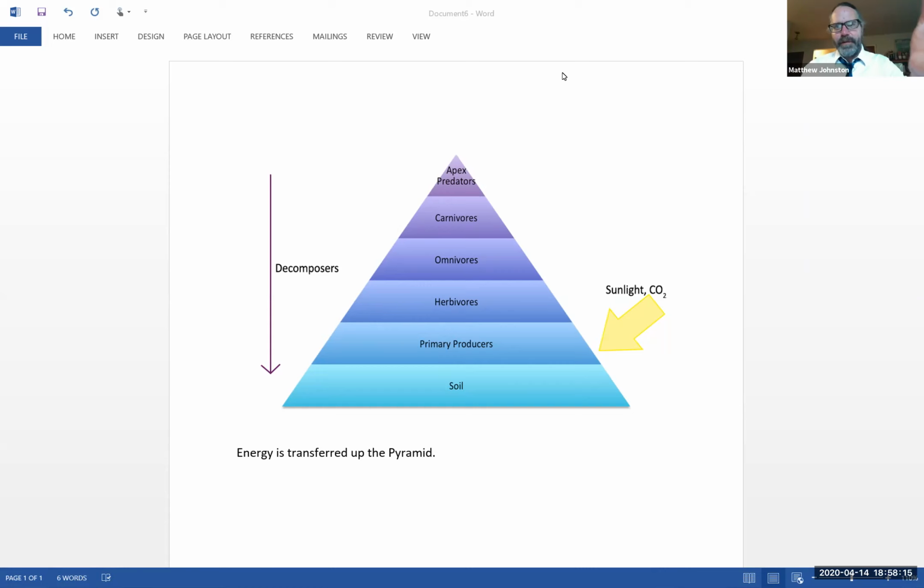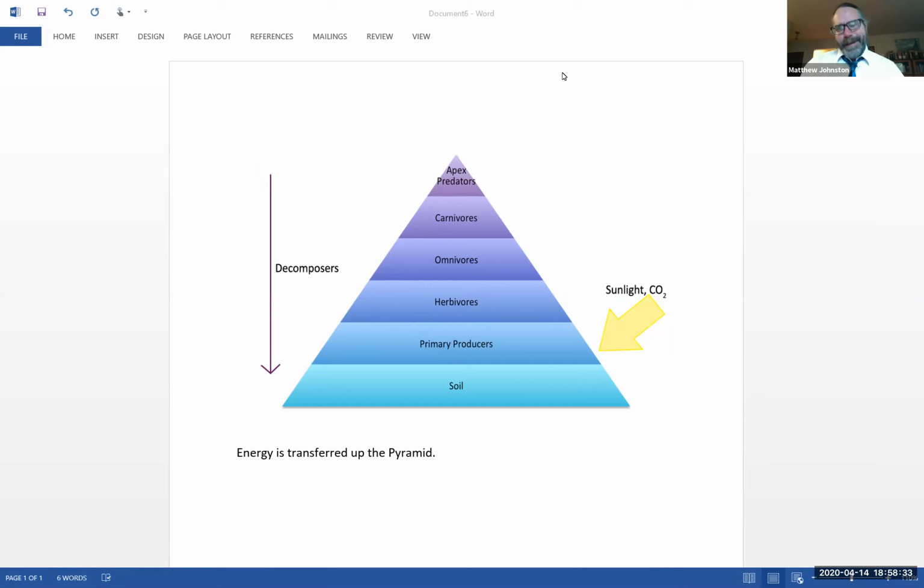When you import things from other environments, it disrupts the pyramid, that is the system in that place. Or when you take things out, it disrupts the system.